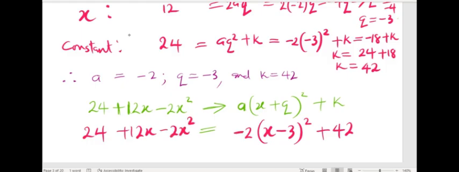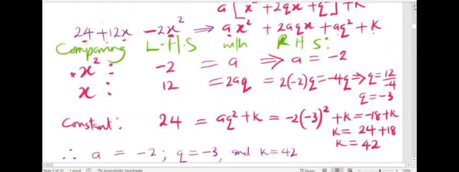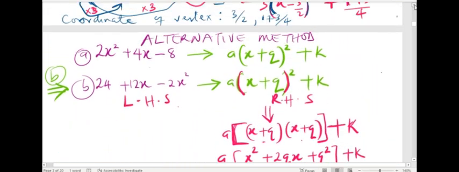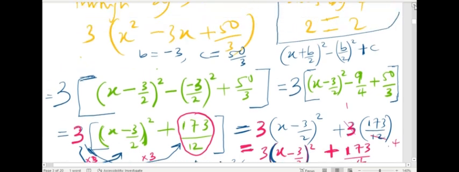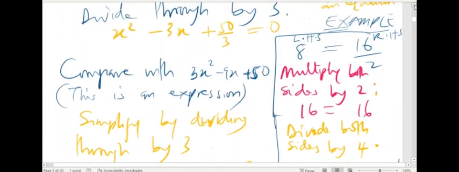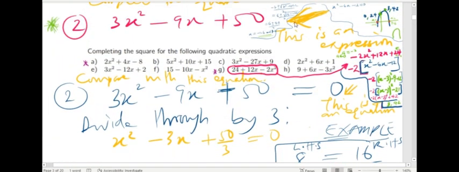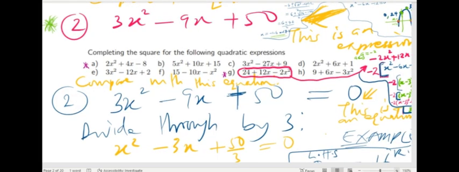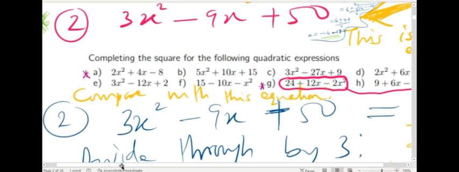All right, and if you compare it with what we had earlier, it is the same thing we got earlier: minus 2, open a bracket, x minus 3, all squared, plus 42. That's what we got when we used the other method. Where did we do that? So that's what we did here. Let me zoom in very well so that I can reveal it better.